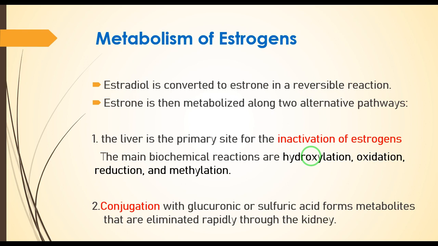These reactions may be hydroxylation at a certain part of the molecule of estrone, or oxidation, reduction, methylation. All these are examples of chemical reactions that may occur on the estrone molecule that will inactivate it. Or the other pathway, as we said, it can be conjugated with the glucuronic acid to become water soluble and then excreted in the urine.